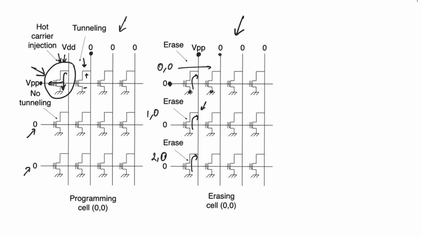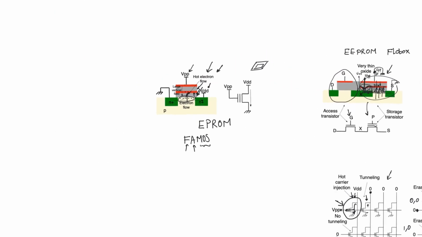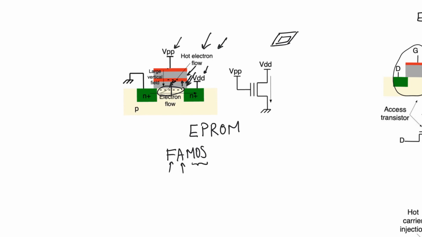And so there's no way we can erase a single cell if we don't have an access transistor. We have to accept the fact that we are going to erase a lot of cells together as a bunch with each other. But one question one might ask is, did this not also affect EPROMs, single EPROMs, using floating gate devices?